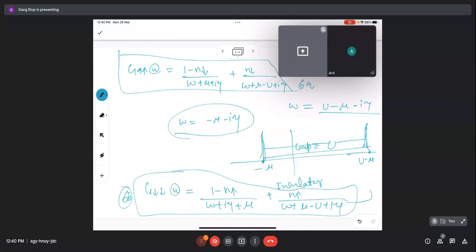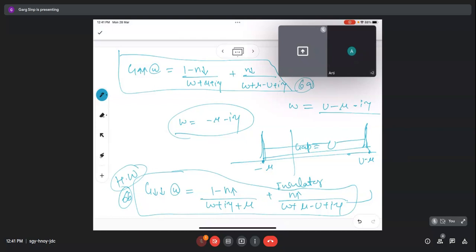You should try to derive it just like I have derived 6a following the equation of motion method. Okay. Now I will try to come up with more simple Hamiltonians for which the equation of motion closes at least at second order or at third order, so that you get some experience of dealing with the equation of motion method for the Green's function and also trying to identify its properties.